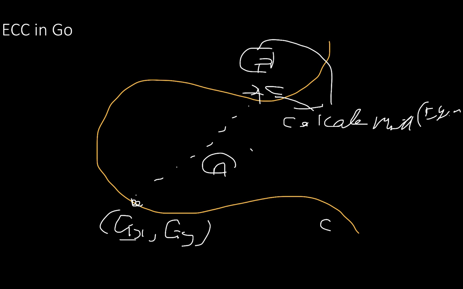We can also do a method called scalar base multiply, and automatically from the curve it will take the G of X and G of Y, and so all we need to do is define the n value here.